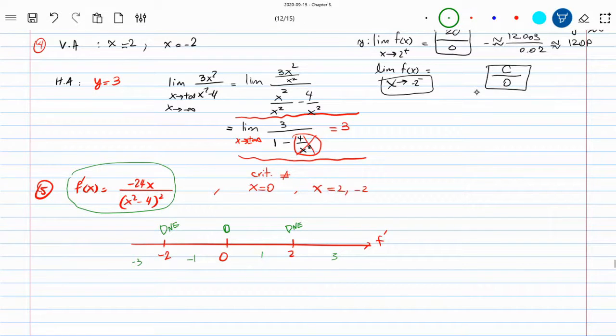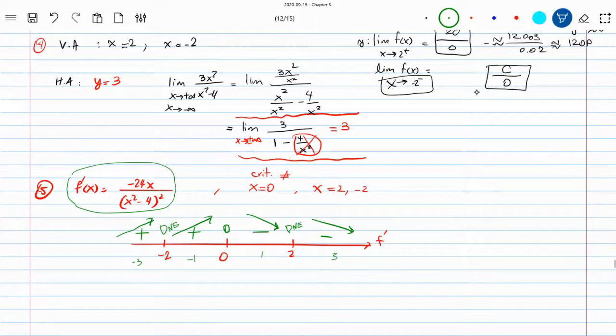So positive divided by positive, you'll get a positive value. If you replace negative 1, you'll still get a positive number. If you replace 1, you will get negative. And if you replace 3, you'll still get negative. So now you see there is no alternating behavior. So the function is increasing, then again increasing. Here is decreasing and decreasing. This is for the first derivative, so I know the increasing and decreasing.